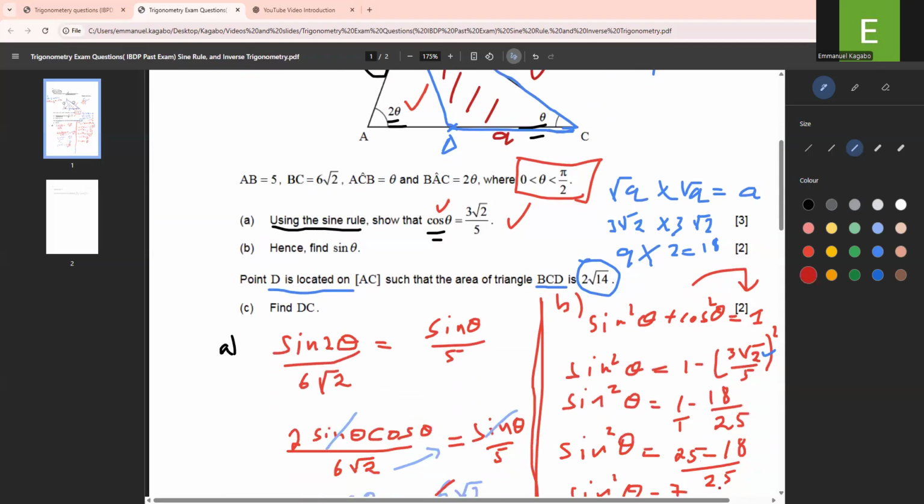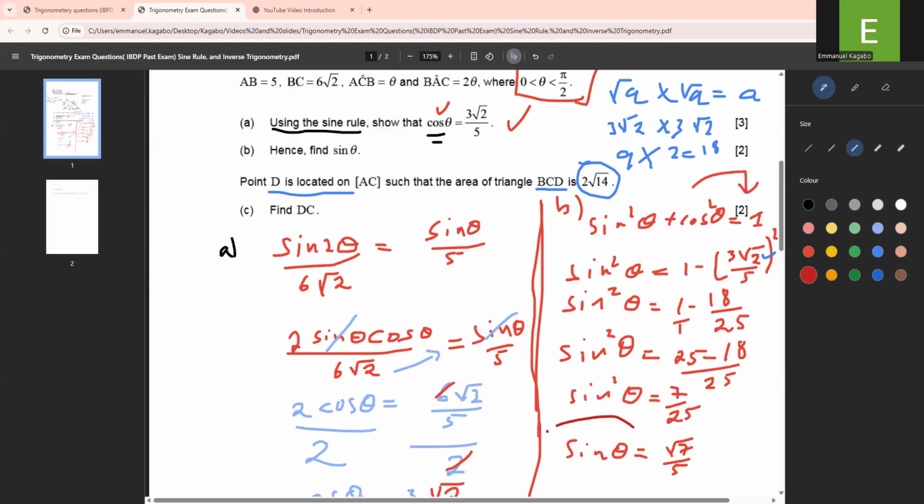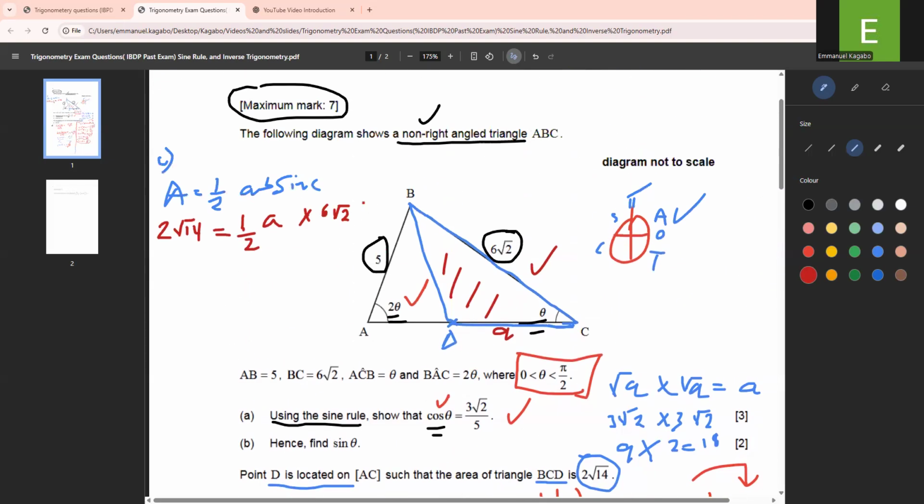And we got our sine theta as square root of 7 over 5. Are we together here? Do you get that? Okay, good.